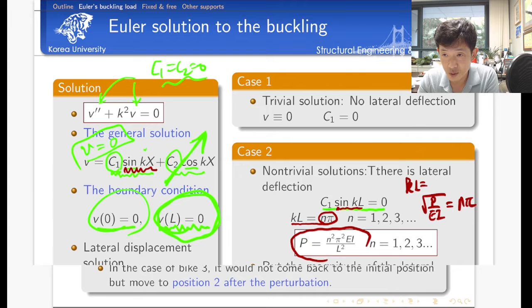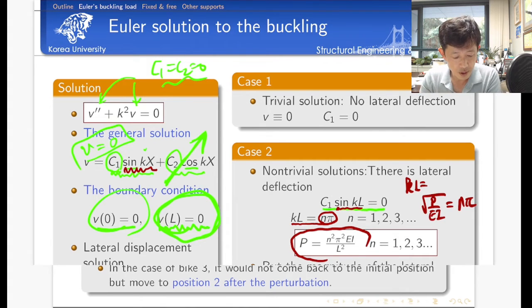That's the meaning of this solution. Make sure that the magnitude of lateral displacement cannot be determined by this simple discussion. It discusses only the condition for buckling.